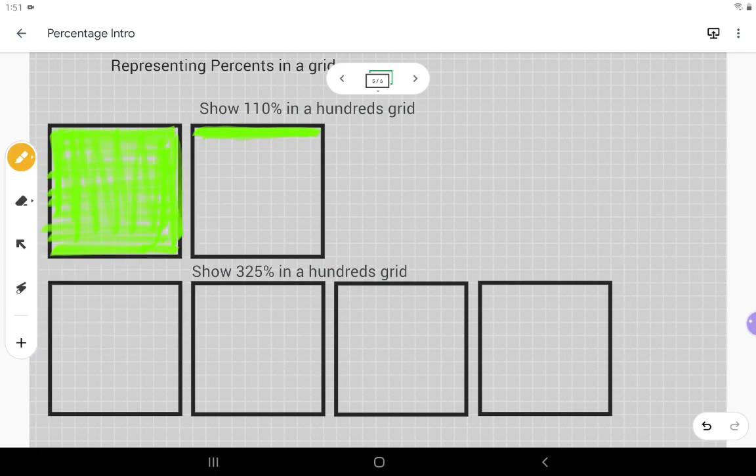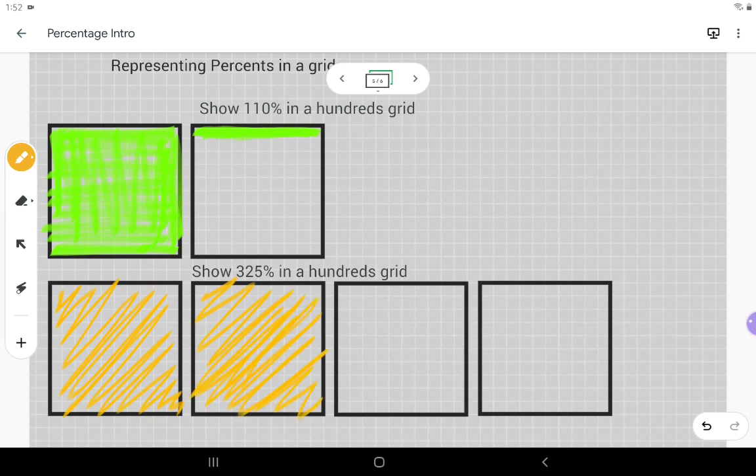If I wanted to color in 325%, well, all 300 means I need to fill in 300 squares fully. I'm not filling them in as well as you can because I'm using digital tools, so you can actually fill them in a little better. So there's 300.